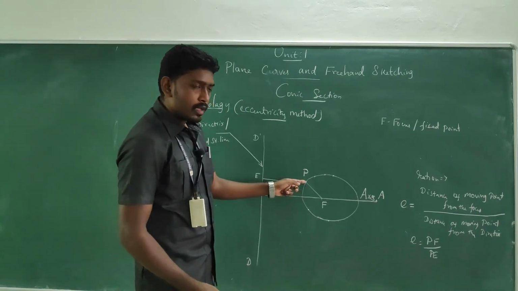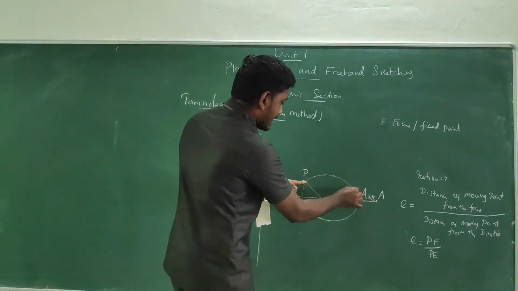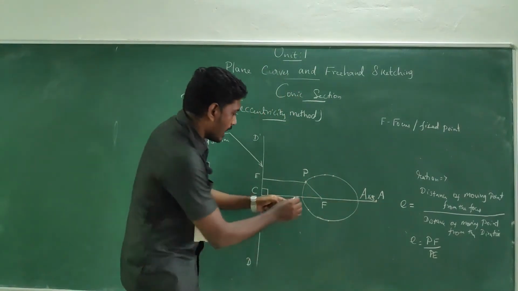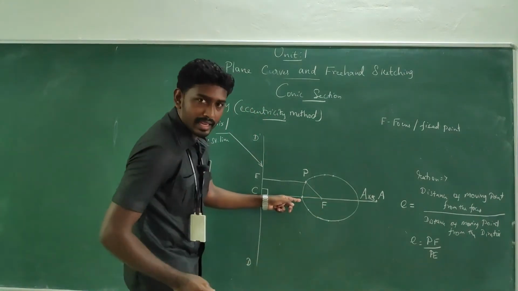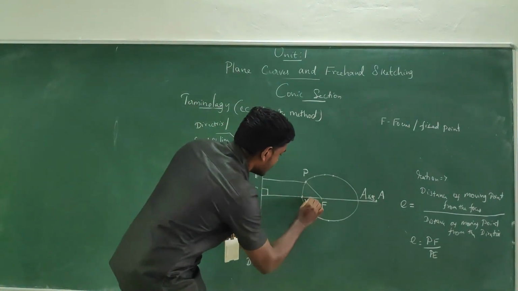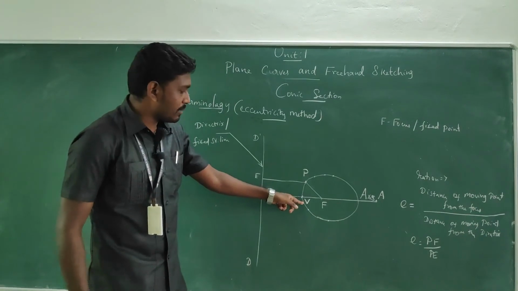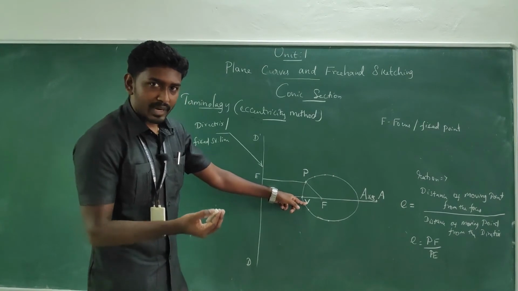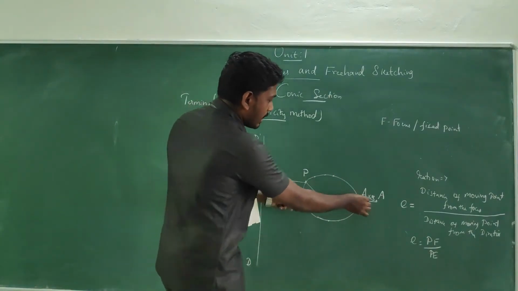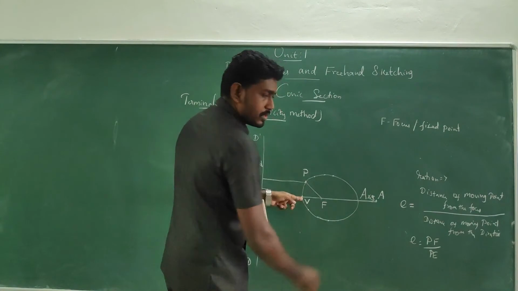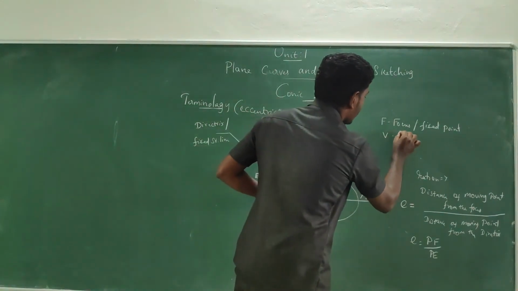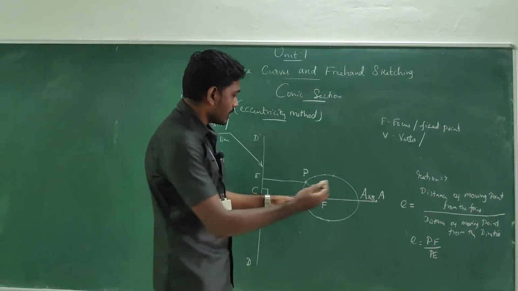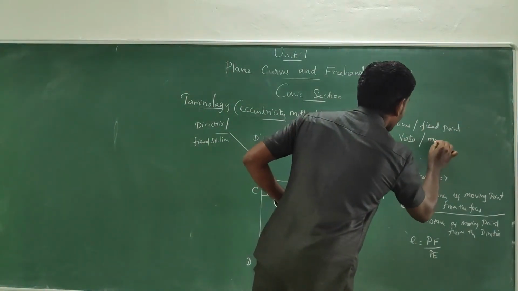See, when the moving point on the curve intersects with the axis, at that time we give the name for the moving point as vertex, which can be denoted as V. V is nothing but a moving point, specifically when it intersects with the axis. So V stands for vertex, or in other words we can call it moving point 2.